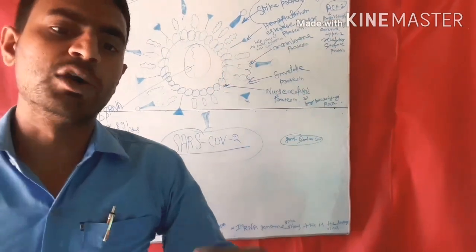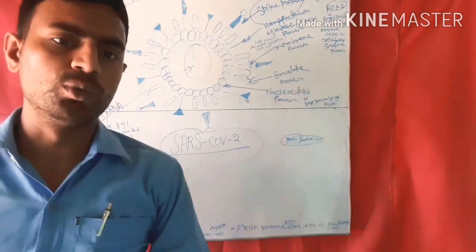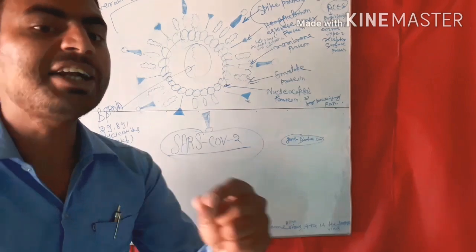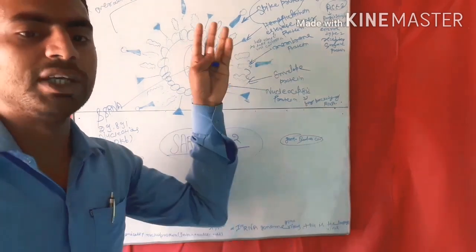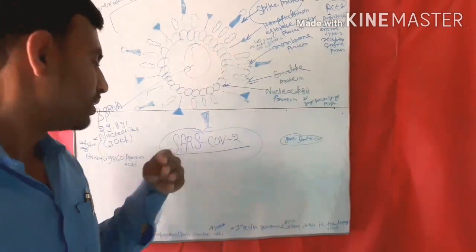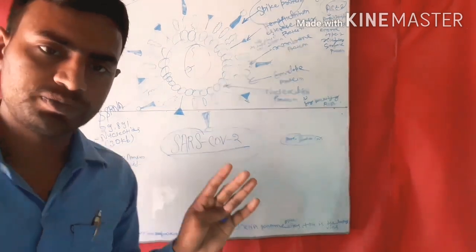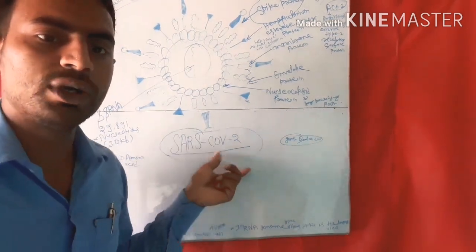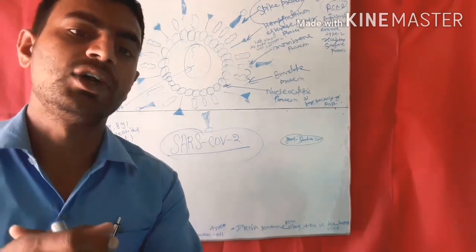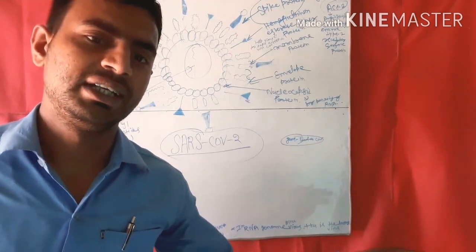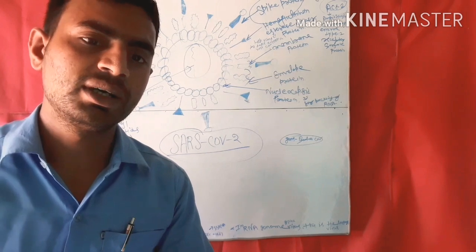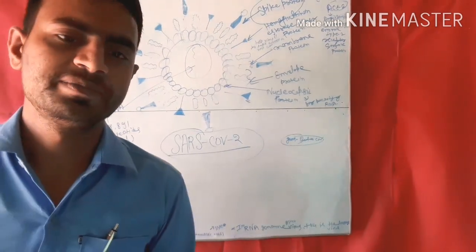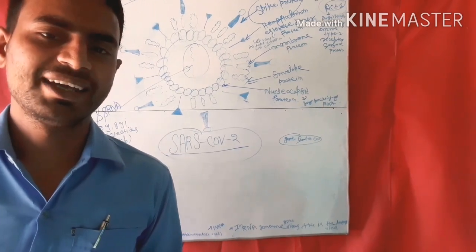The system or part where ACE type 2 angiotensin converting enzyme type 2 surface protein is present is affected by this SARS-CoV-2. In which system it is not present, that system is not affected by this virus. Okay.